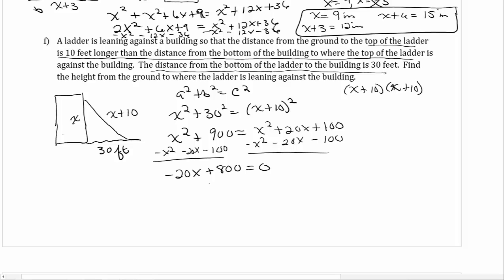And to solve this for x, we would subtract 800 from both sides. So we get negative 20x equals negative 800, and then divide by negative 20. So we get x equals 40. Oops. And this was in feet.